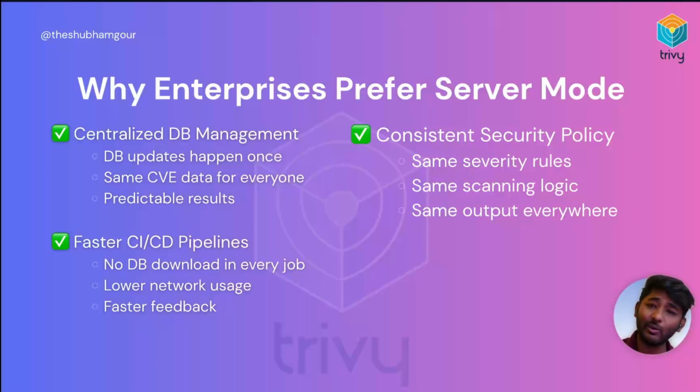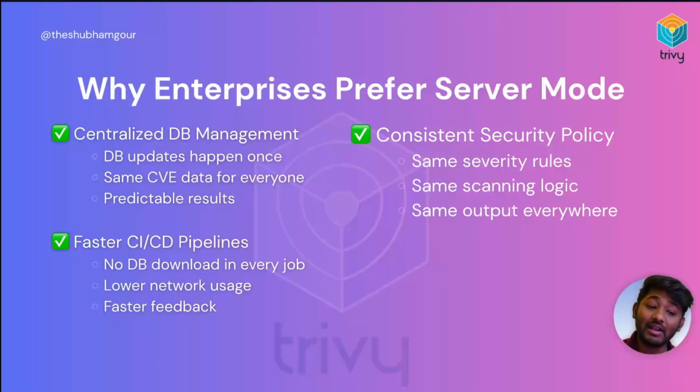When you run it locally, every time the DB gets updated and you have a different definition, and someone else will have a different definition. With server mode, the DB update happens only once. There will be the same CVE data for everyone and the result will be predictable.